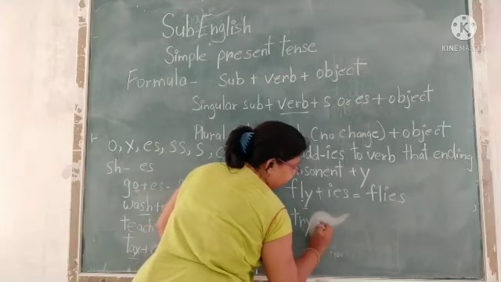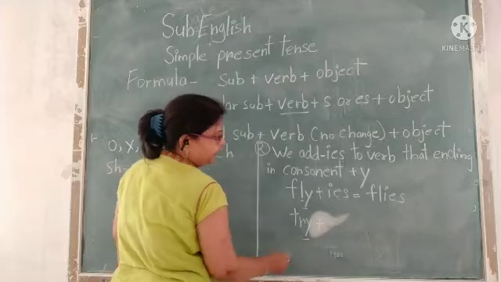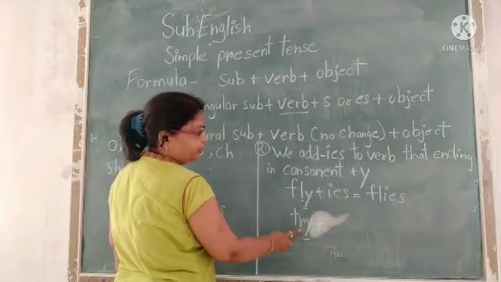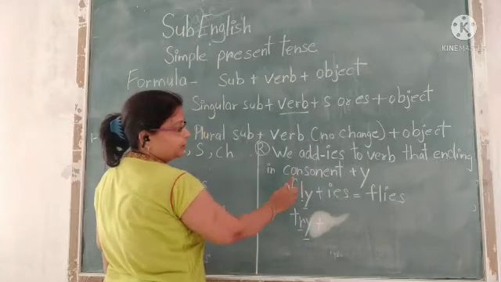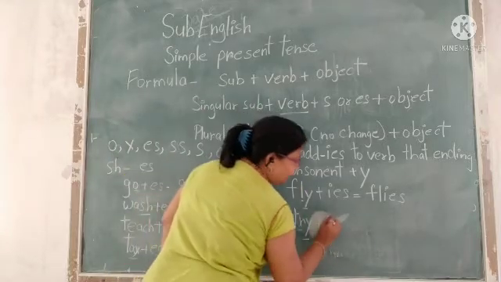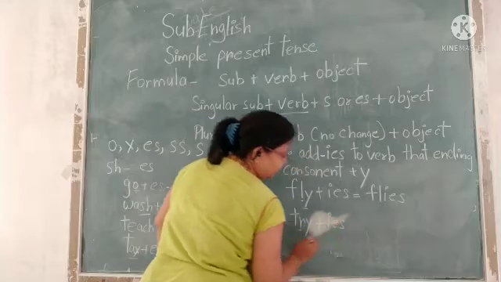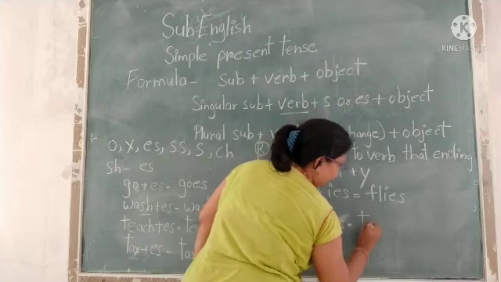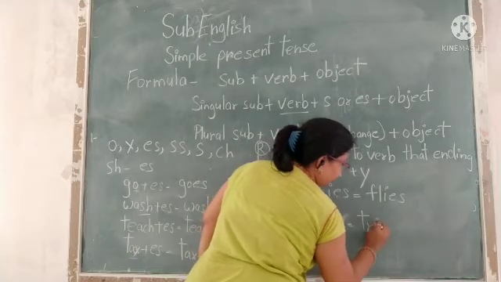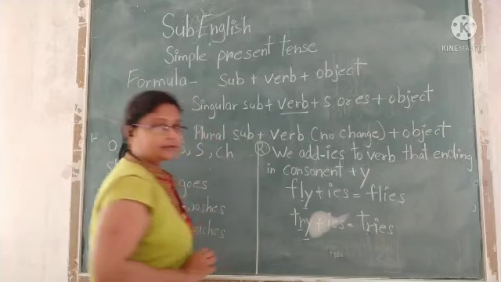Look students, its ending letter is y, and before y we find r, and r is a consonant. So we add ies in place of y in this verb. So our verb will be tries.